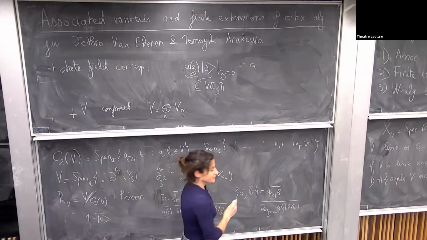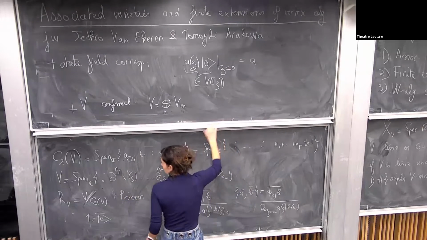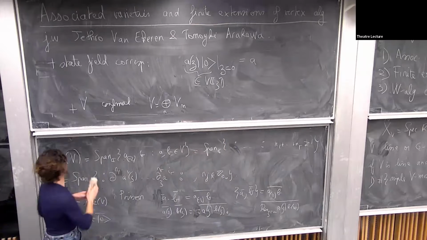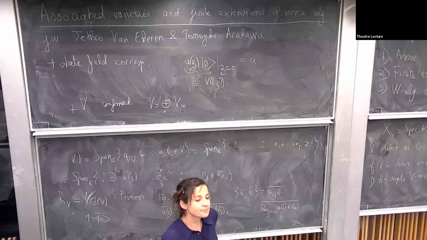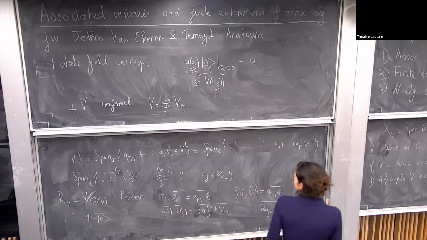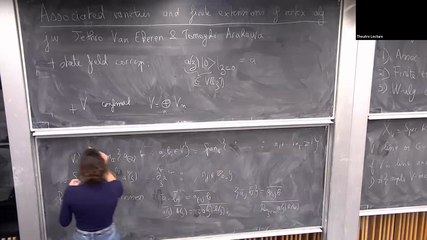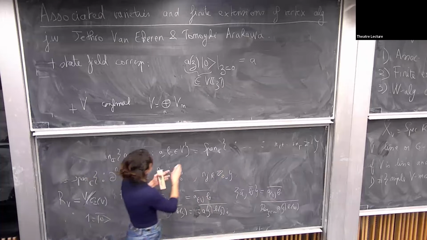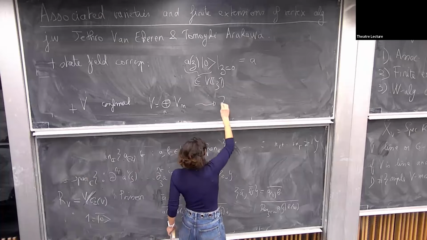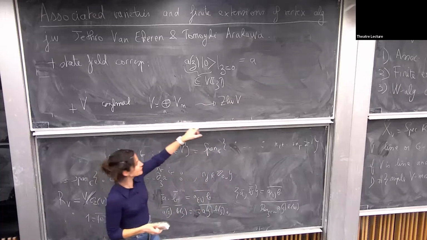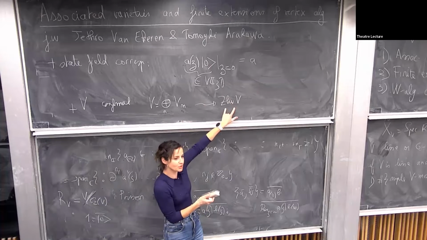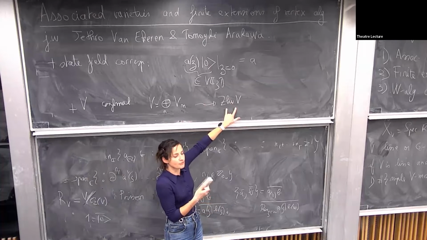So let me give some examples and non-examples. Does this grading survive to the Poisson algebra as well? Is the Poisson algebra graded? So it's graded. You can also construct the Zhu algebra, which is a filtered algebra.